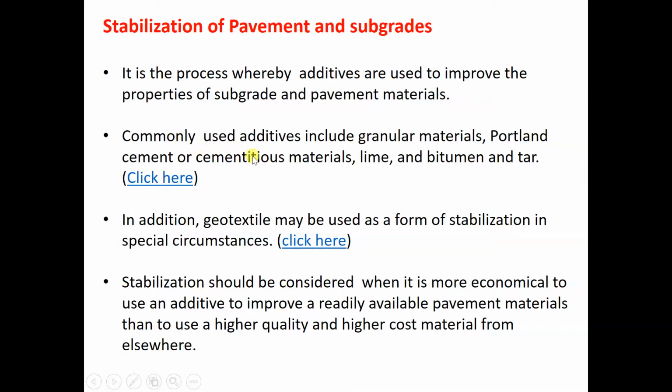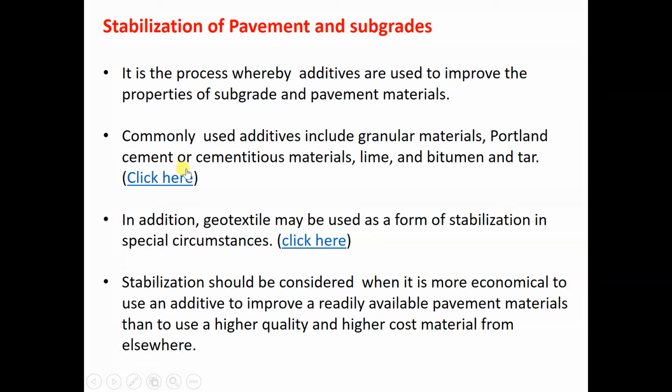Okay, commonly used additives include the granular materials. We're going to look at each one of them later on. So this one is just different types of materials added to the aggregates, just to make it have a certain type of particle size distribution.